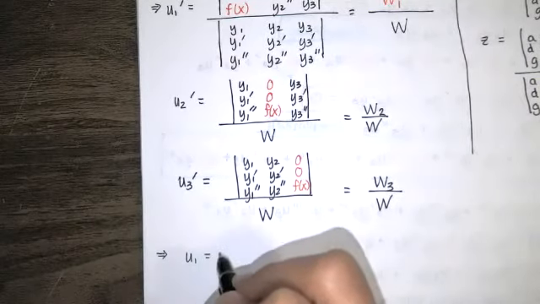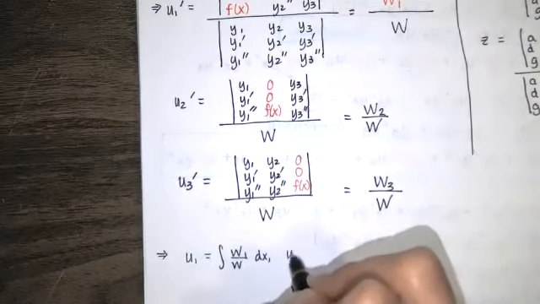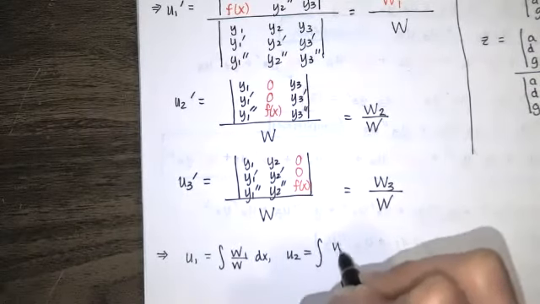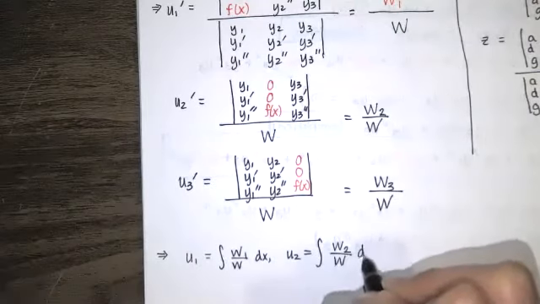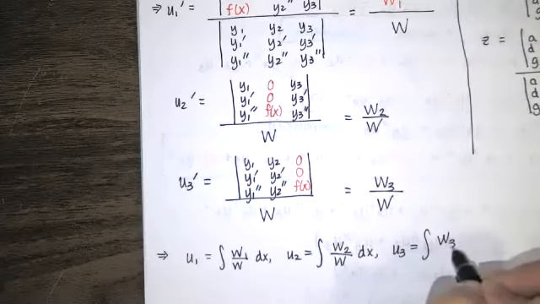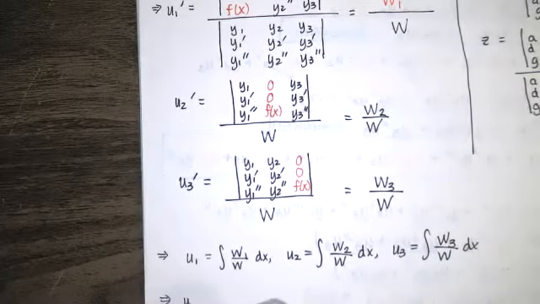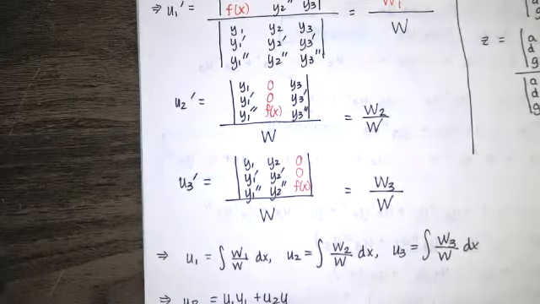So u1 will be the antiderivative of w1 over w. And u2 will be the antiderivative of w2 over w. And u sub 3 will be the antiderivative of w3 over w. And then y sub p is u1 y1 plus u2 y2 plus u3 y3.